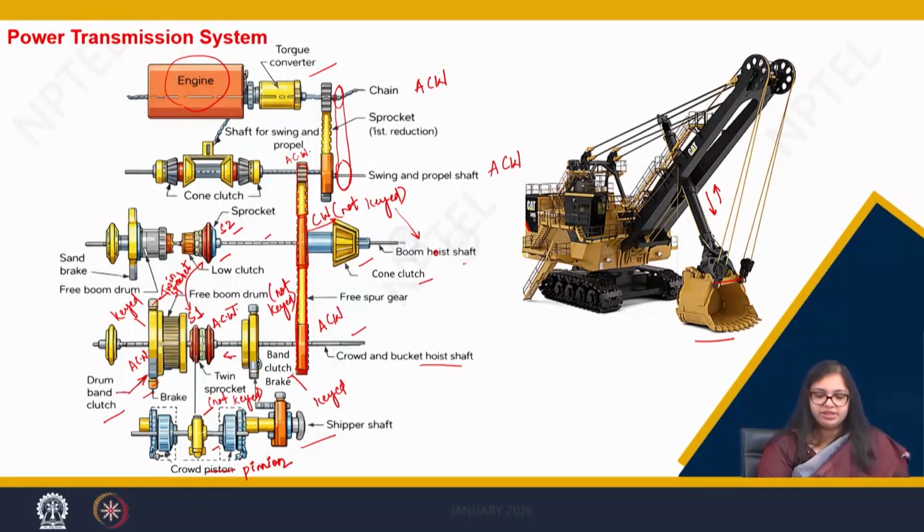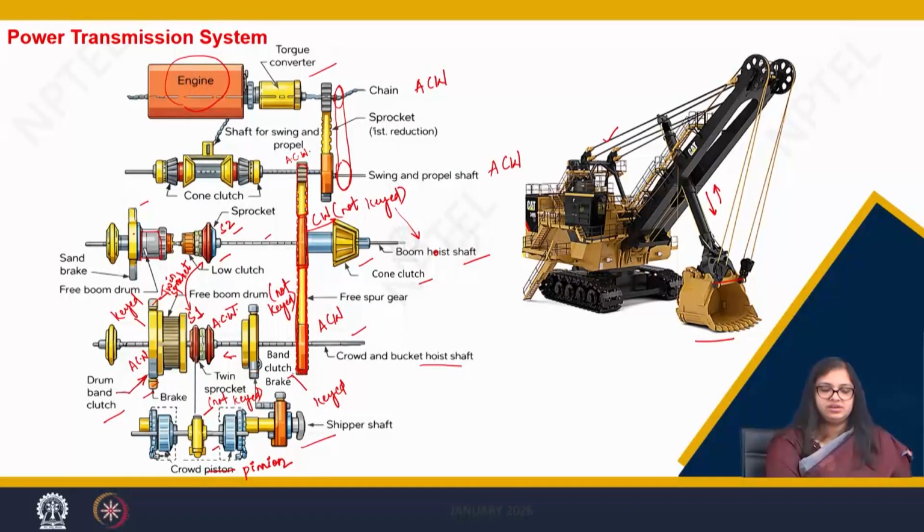Now, coming to the boom hoist drum, similar to the bucket hoisting. In the boom hoist shaft, we have a clutch here, which again gets engaged to a free boom drum here, where you can see this rope gets wound.